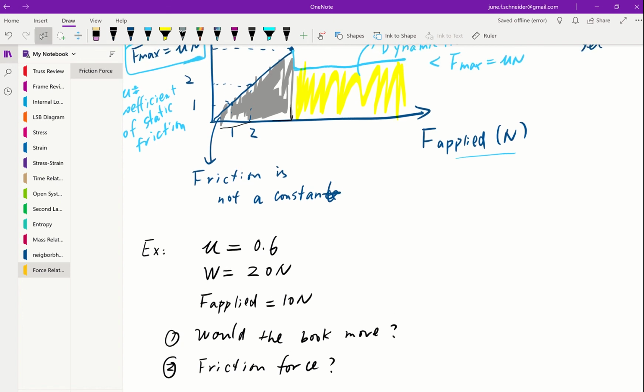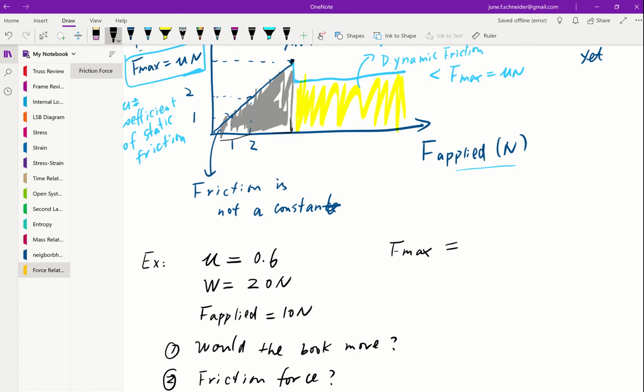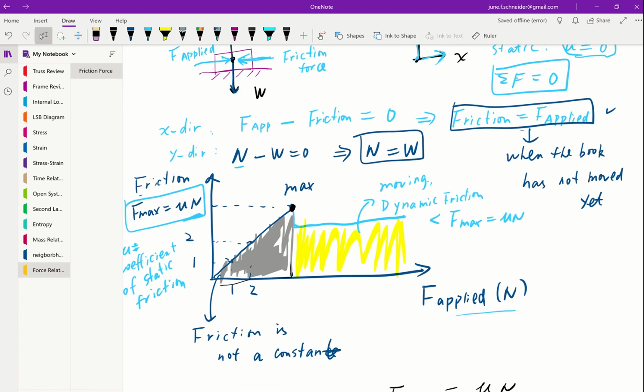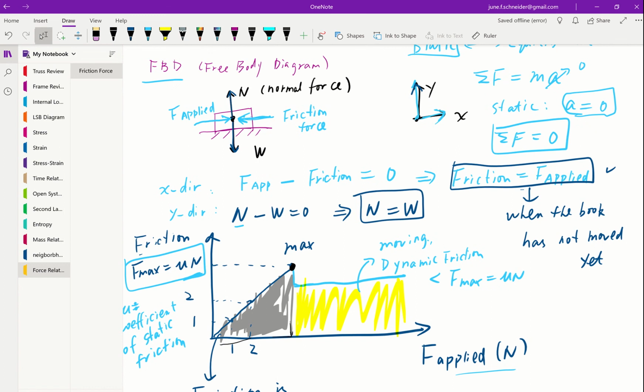So how do we solve this? First of all, we know the formula for maximum force, the point right there, that's equal to mu N. Mu is 0.6, and the normal force, from our free body diagram, we already concluded in the y direction the normal force has to be equal to weight because it's at equilibrium.